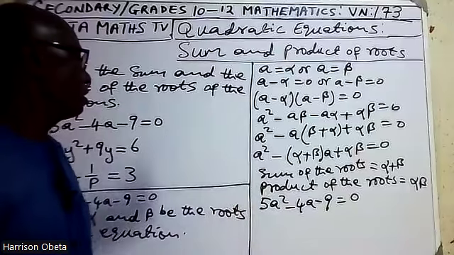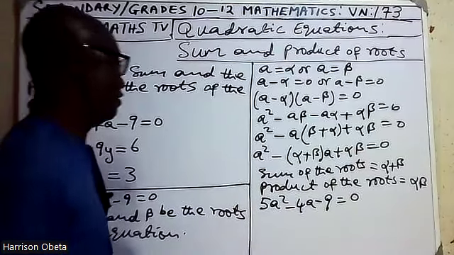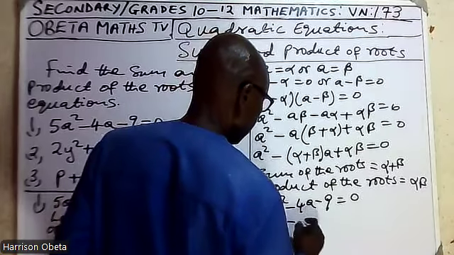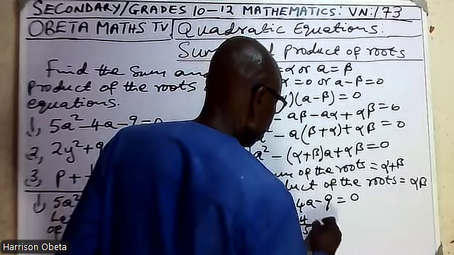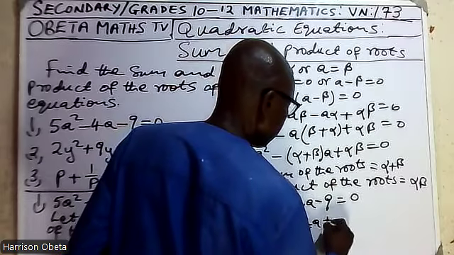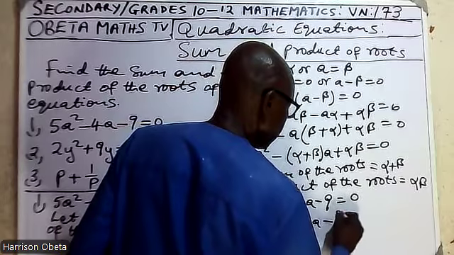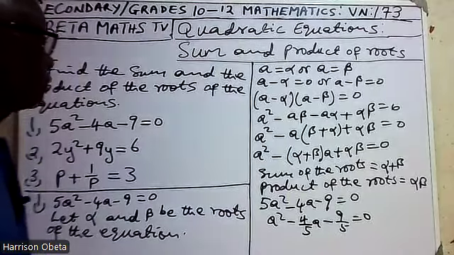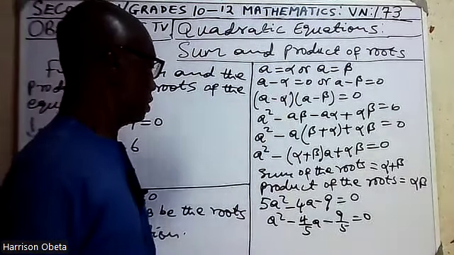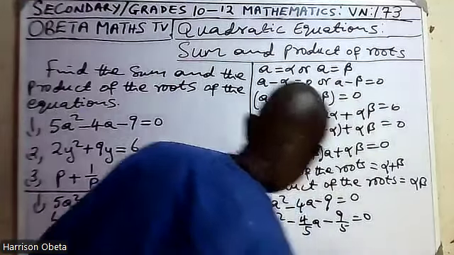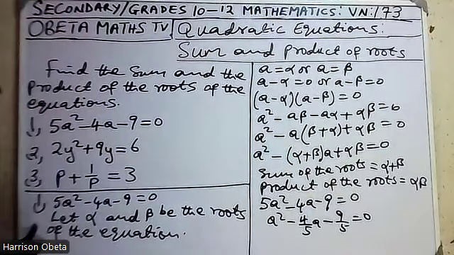Comparing this and this, we have to divide through by 5, and that will give us a squared minus 4 over 5a minus 9 over 5 equal to 0. And then you can now compare this and this, and come back here and put the final answer.